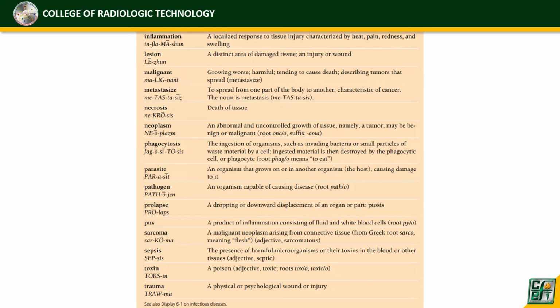Then necrosis means death of tissue. Okay, neoplasm, abnormal uncontrolled growth of tissue. Then we have phagocytosis, the ingestion of organisms such as invading bacteria or small particles of waste material by a cell or even foreign body, okay, inside our system.